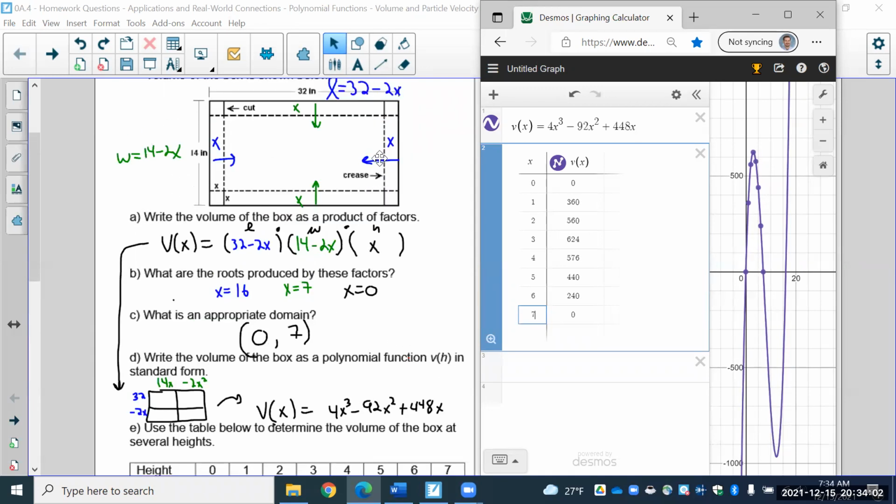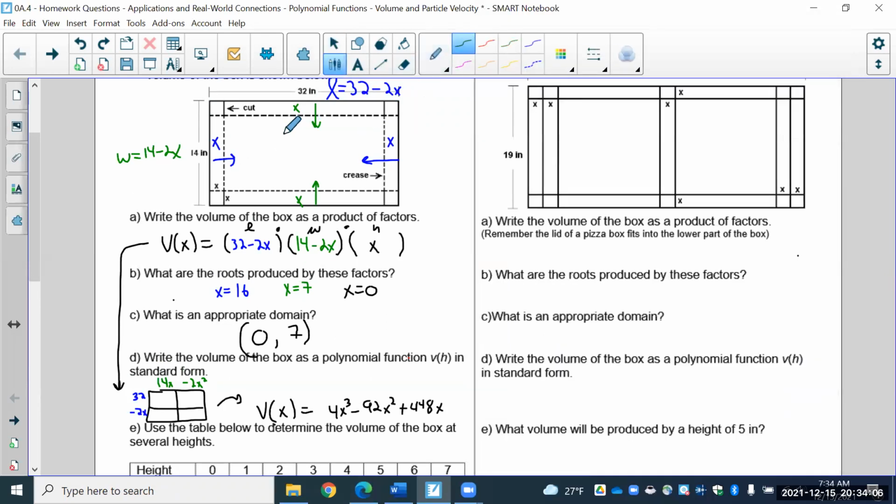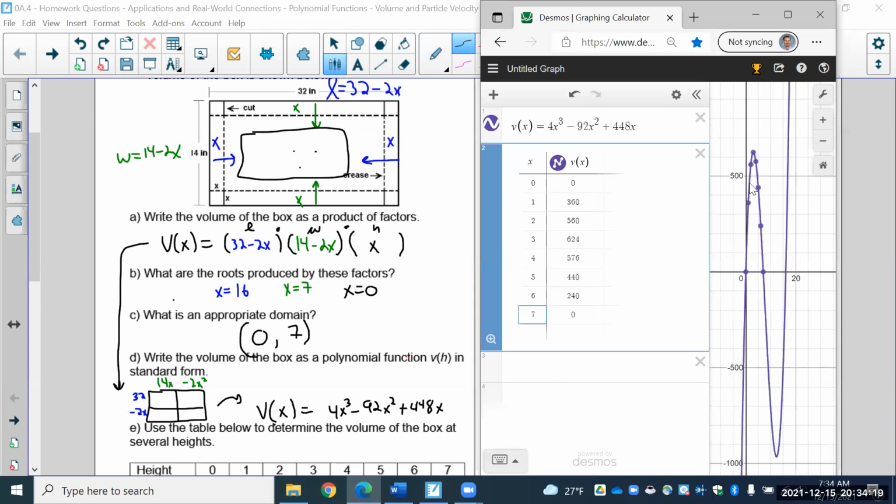So what happens is as I decrease these flaps, the area of the base is getting smaller, right? So the area that I can actually put something into is getting smaller. The volume still goes up, as you can see in the graph. The volume is going up until I reach this sweet spot, which is the next question, called the maximum.